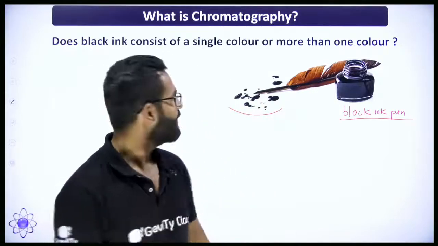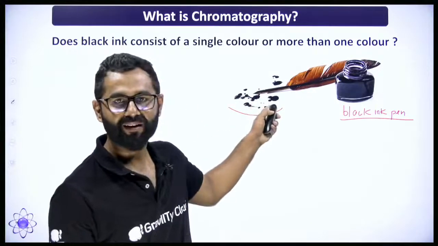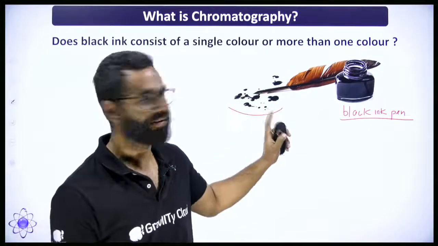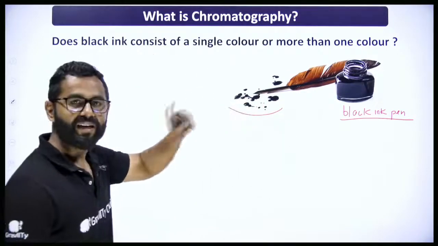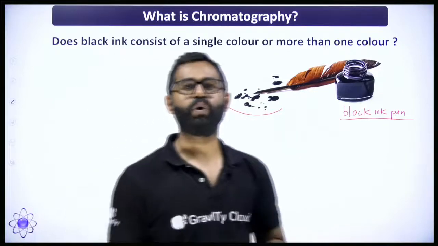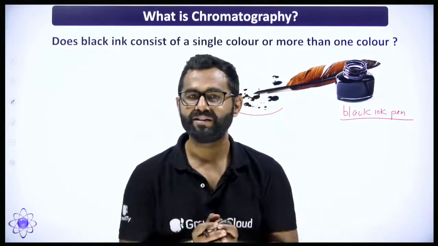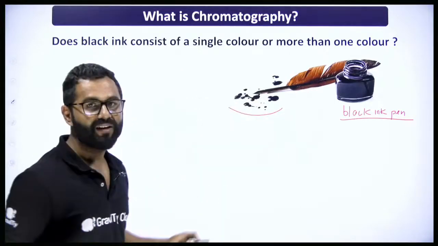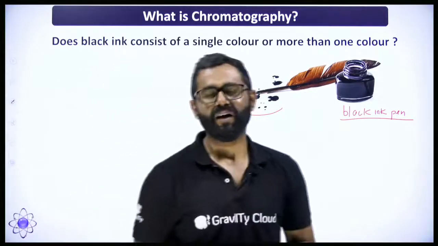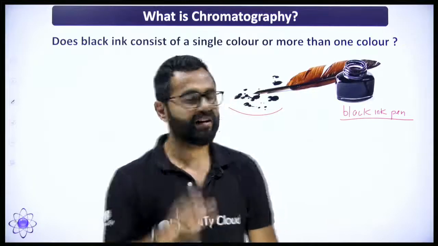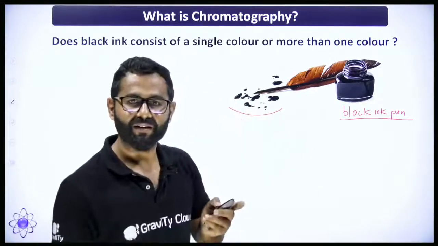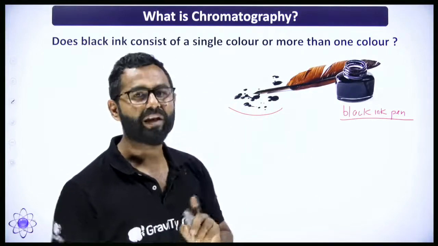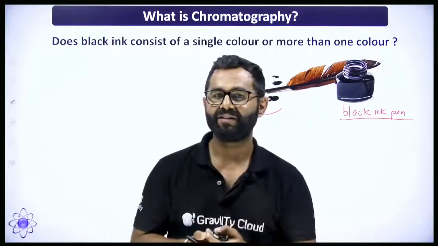The important thing is, if this ink is black in color, does it contain more than one color, or is it purely black only? Now you must be saying, sir, if the ink color is black, then obviously it is black. But what I am asking is, can we get black color by a combination of 2-3 colors?